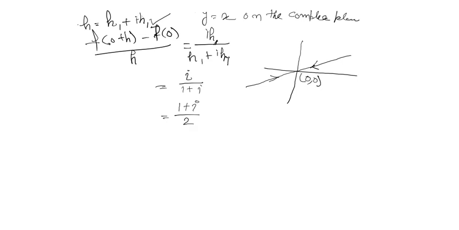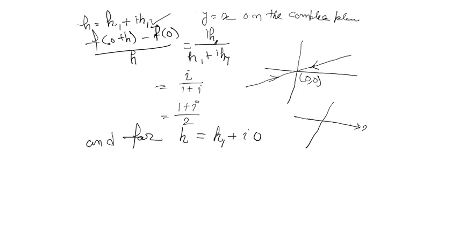And you choose another path, h equal to, suppose you are taking only the real axis, h1 plus i into 0. Suppose this is the complex plane, and this is the real axis denoted by x, and this is the imaginary axis denoted by y, and you are approaching 0 this way, and this is the origin here. So this is the path in mathematical form, and this is the geometry behind it.